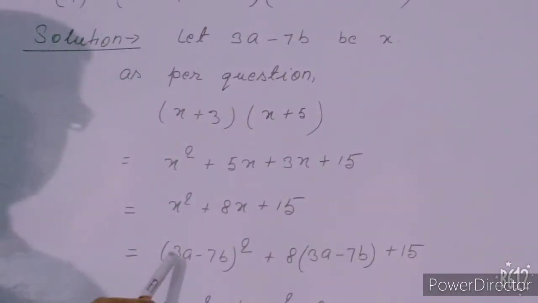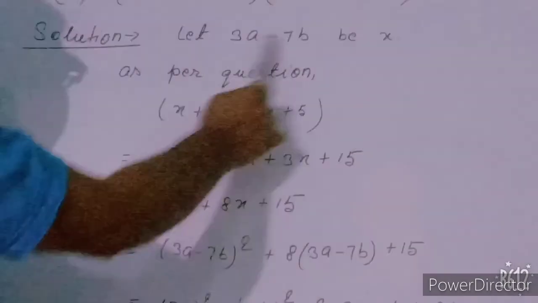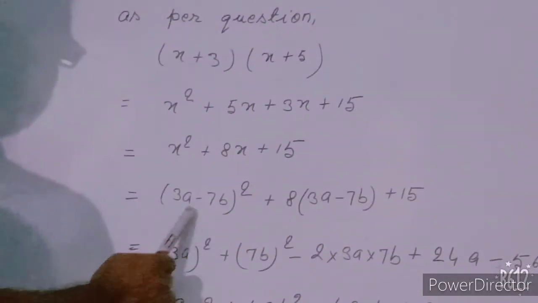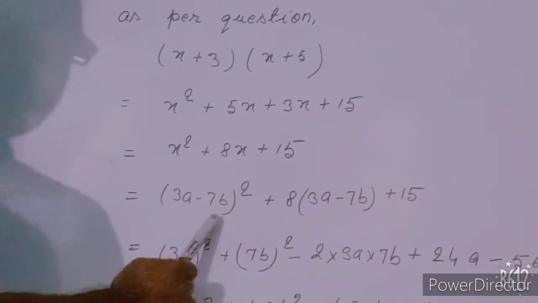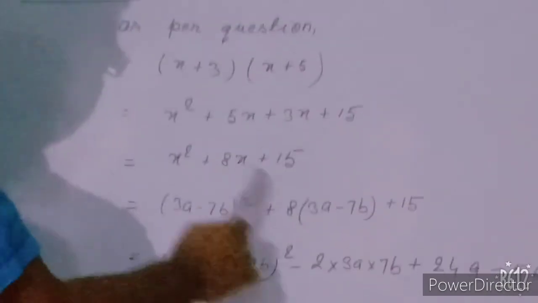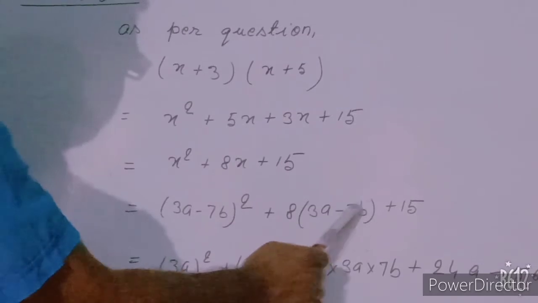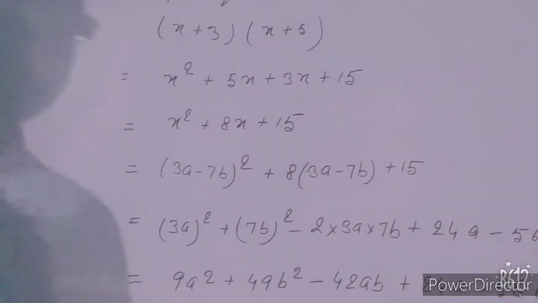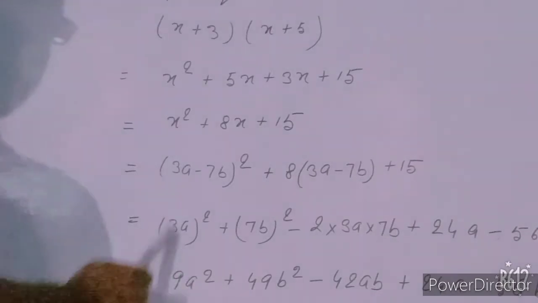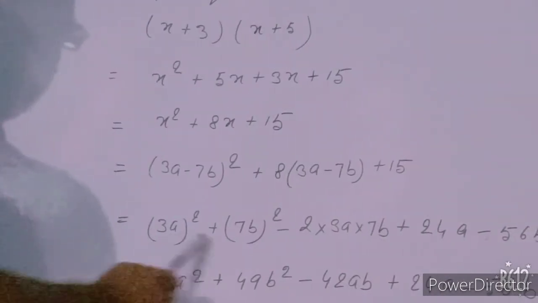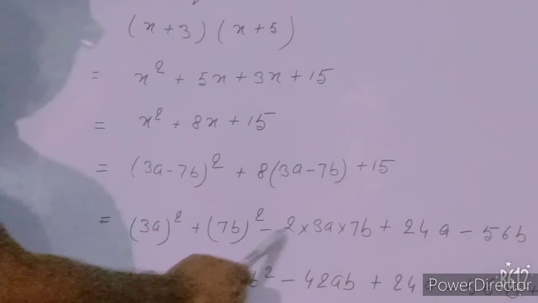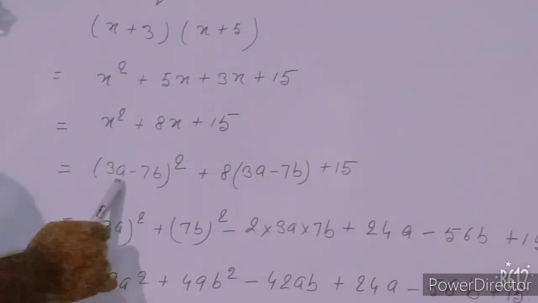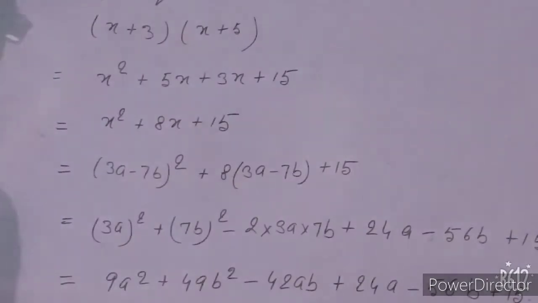Now at the place of x I have given the value 3a - 7b. So here I have written (3a - 7b) whole square plus 8 into (3a - 7b) plus 15. Now this is in the form of (a - b) whole square, so I wrote a² + b² - 2ab, where a is 3a and b is 7b.